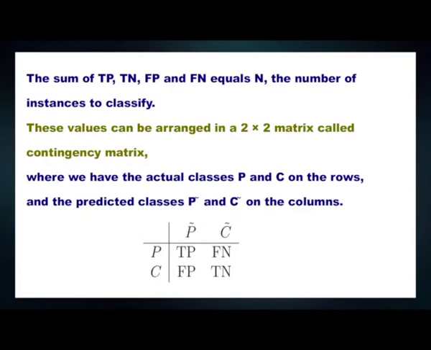The sum of TP, TN, FP and FN equals n, the number of instances to classify. These values can be arranged in a 2×2 matrix called a contingency matrix, where we have the actual classes P and C on the rows and the predicted classes P-hat and C-hat on the columns.